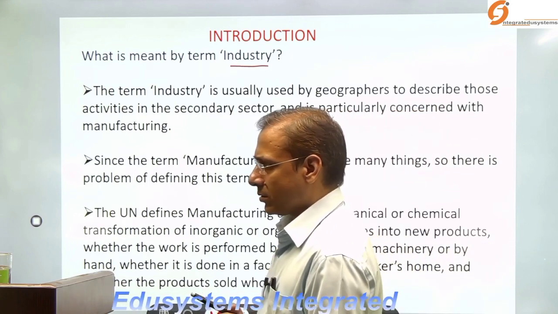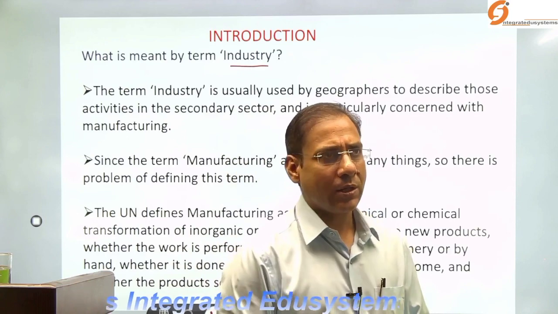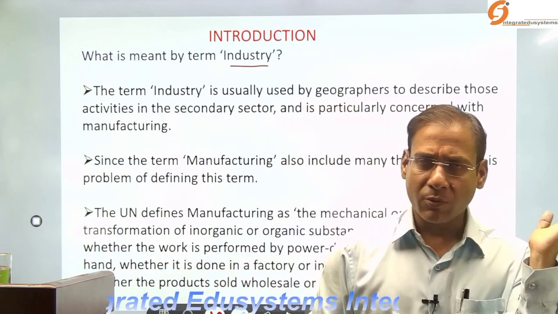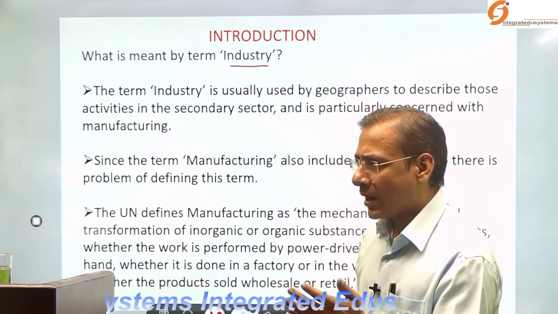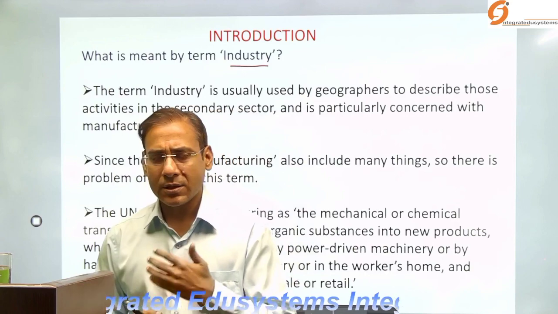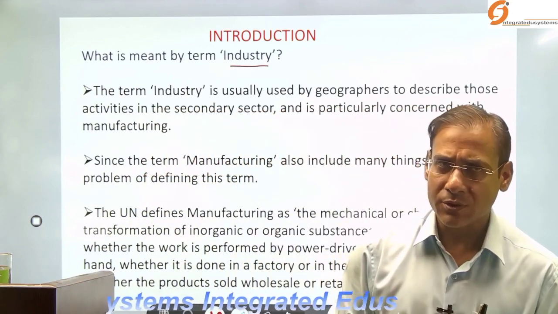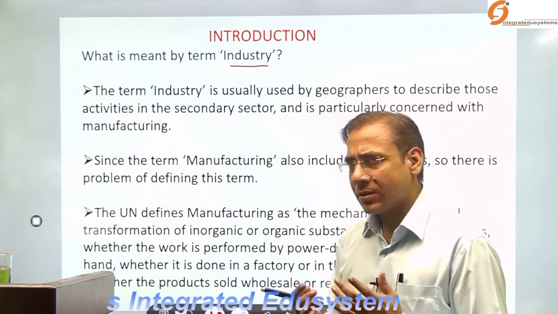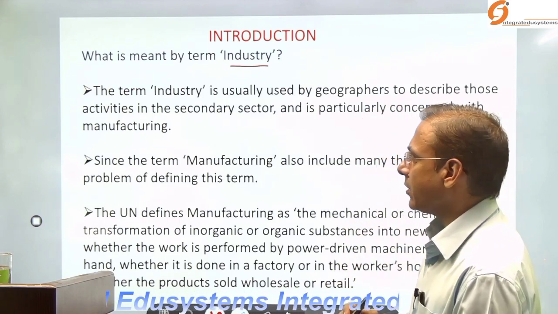So once people started thinking about the industry, always the mind moves towards the mineral. But as I have said, gradually once this subject matter started glorifying in geography, the geographers had confusion. Later, the majority of geographers have defined industry.